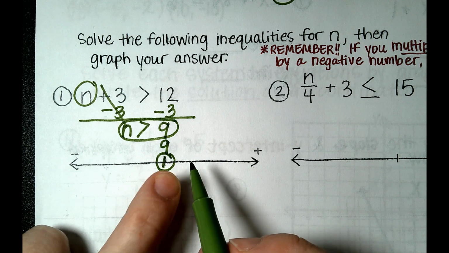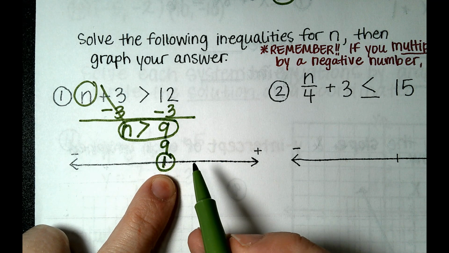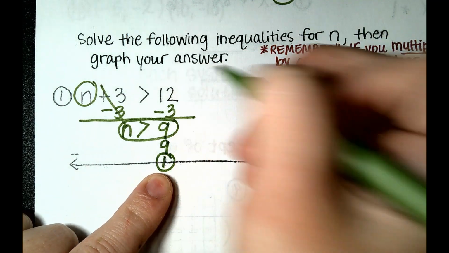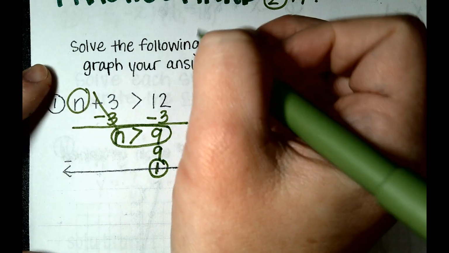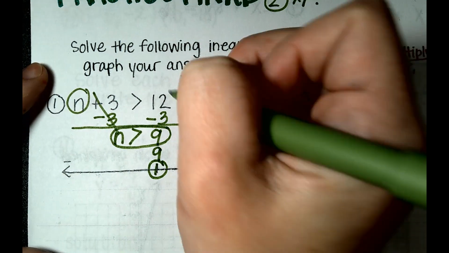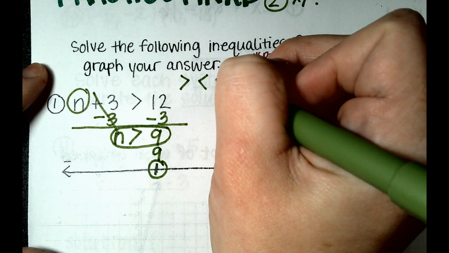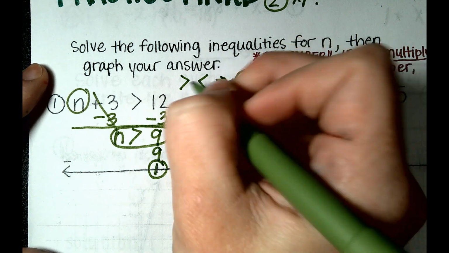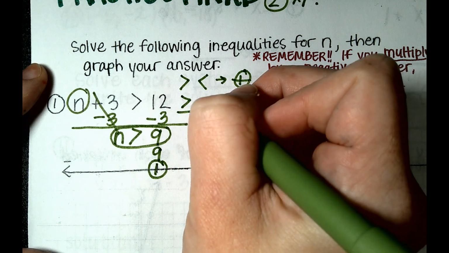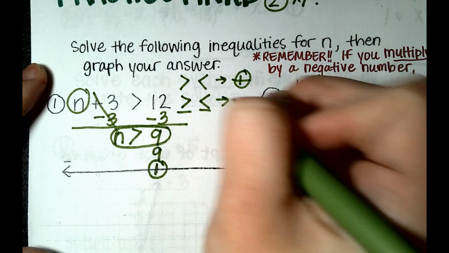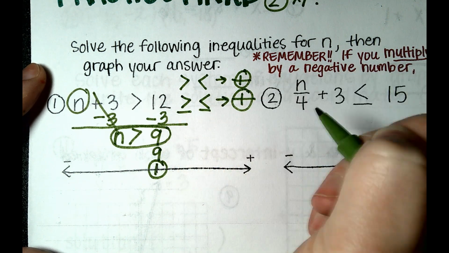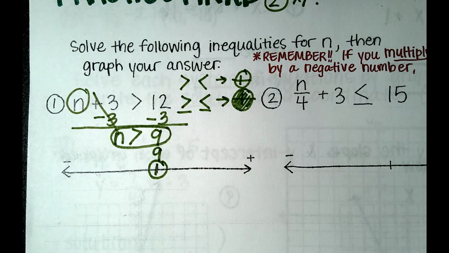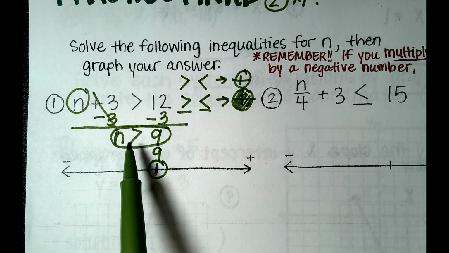Why should we not shade the circle? Here's another good note to take. If I have a greater than sign or a less than sign, my circle should be open. If I have greater than or equal to or less than or equal to, my circle will be shaded. Since we have greater than, we leave it open.